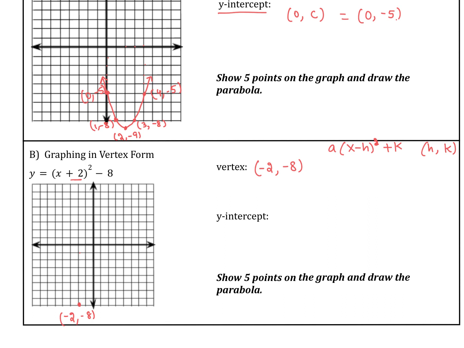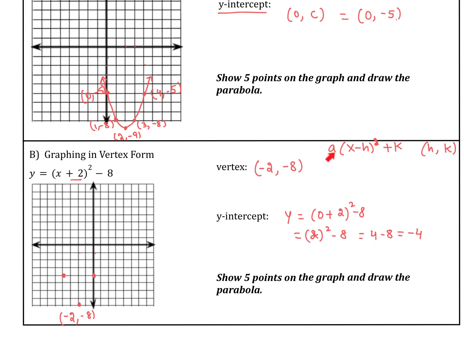To find the y-intercept, you're going to use the x as 0, and this is going to be 2 squared minus 8, that's 4 minus 8, and it's negative 4. So 1 2 3 4, this point, an opposite or replica of this point would be this point right here.